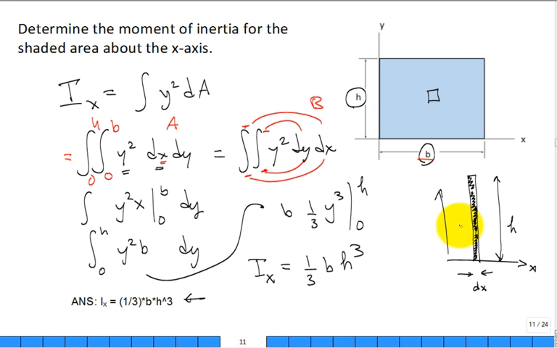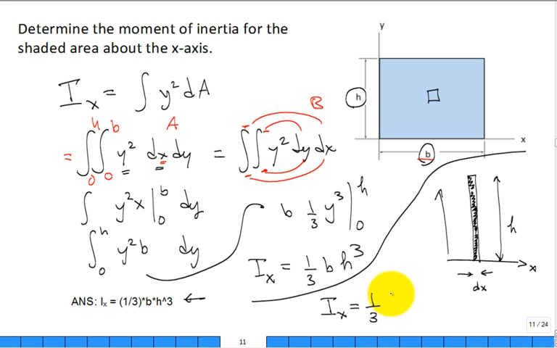All right. For that little strip, can you tell me what I sub x is for this little strip right here? Would it be 1/3 dx times h cubed?